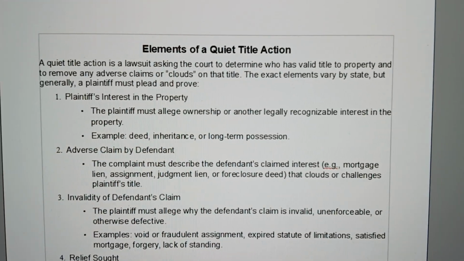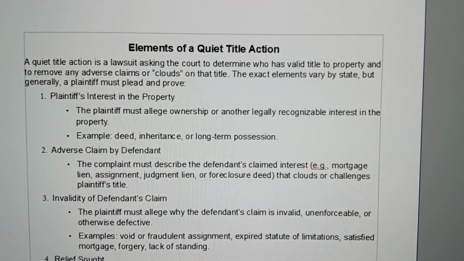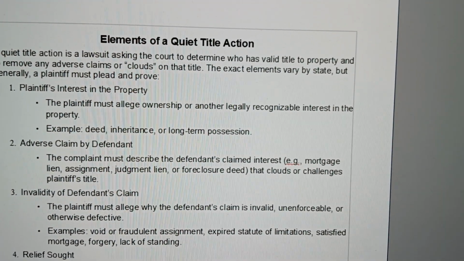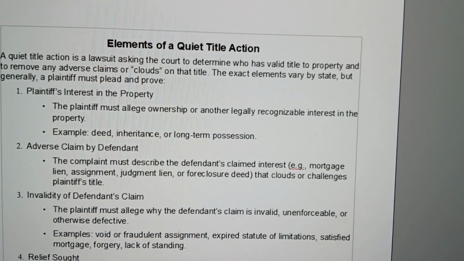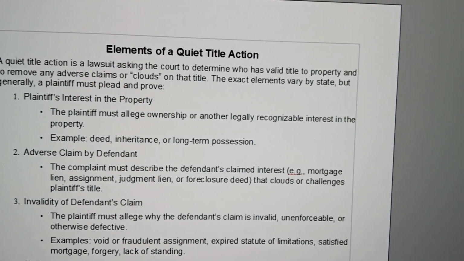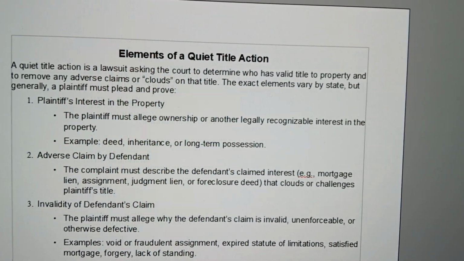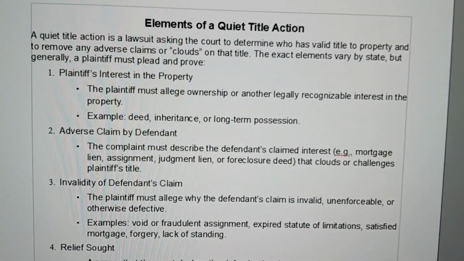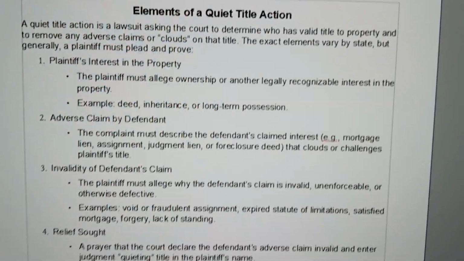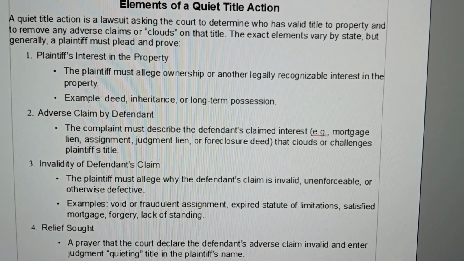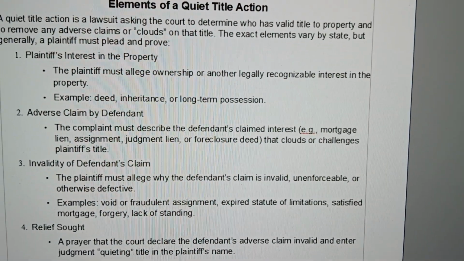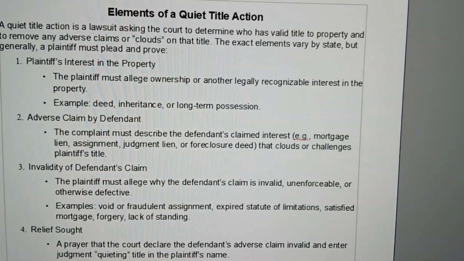Adverse claim by defendant. That means the complaint must describe the defendant's claimed interest, whether it's a mortgage lien, assignment, judgment lien, or foreclosure deed that clouds or challenges the plaintiff's title. Invalidity of defendant's claim. The plaintiff must allege why the defendant's claim is invalid, unenforceable, or otherwise defective.